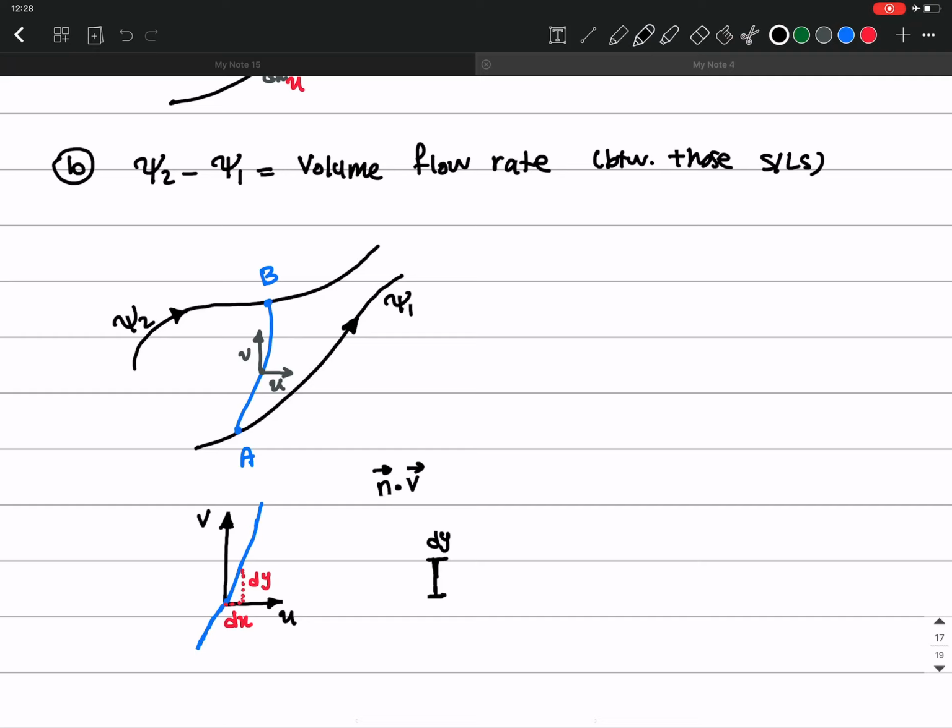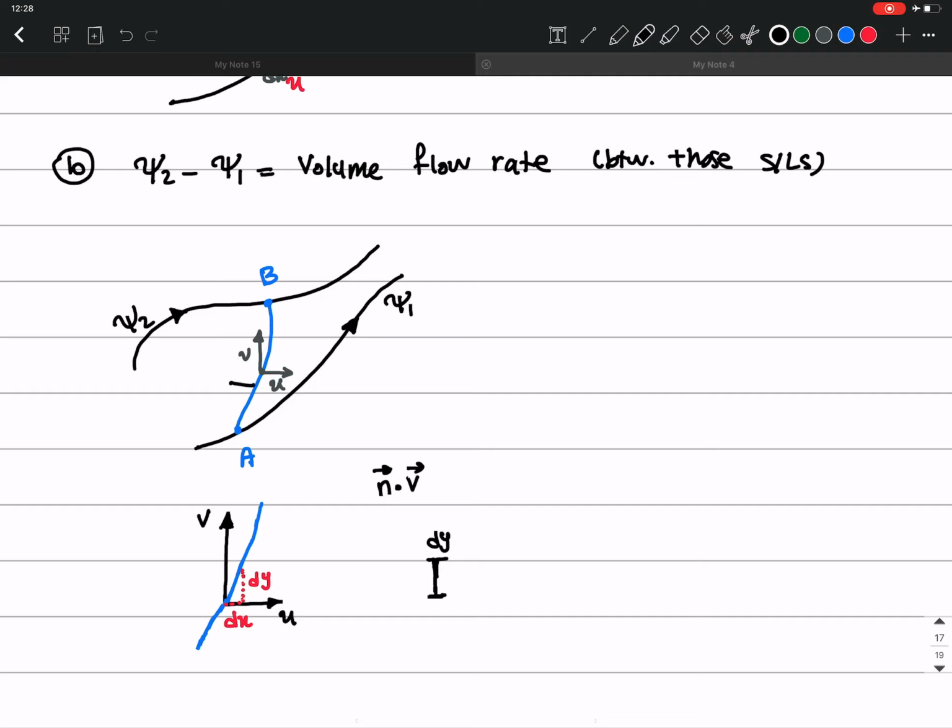N dot V, okay? And N is going to be always in the outflow direction.